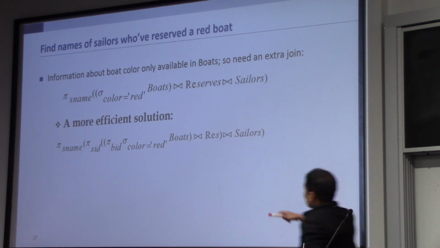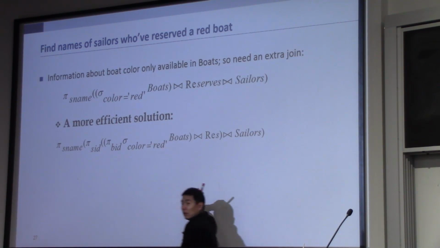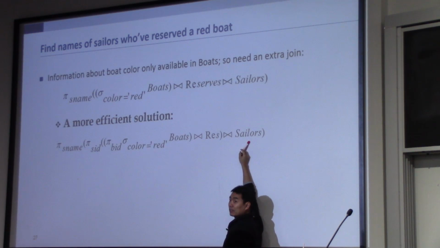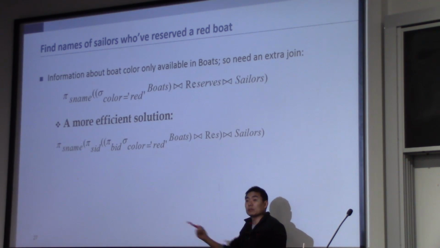For example, it makes sense in this case to project out the boat ID after you have done this join. But it doesn't make sense to somehow narrow down the sailor table before this natural join, because you don't know which sailor will end up joining with a record on the other end.